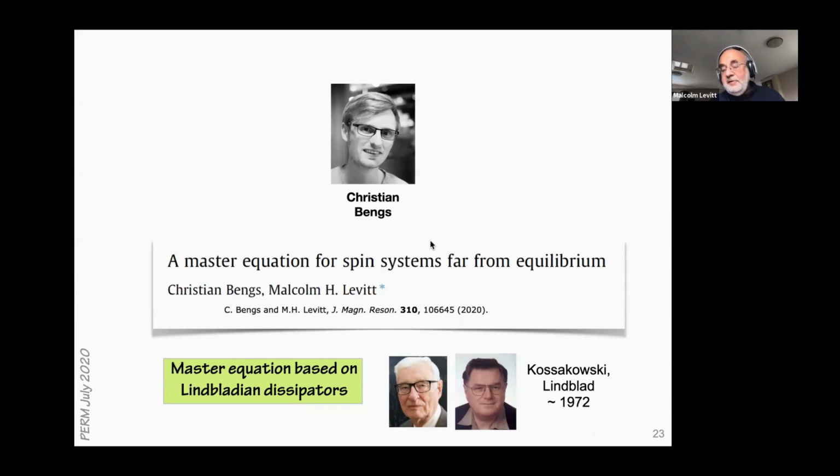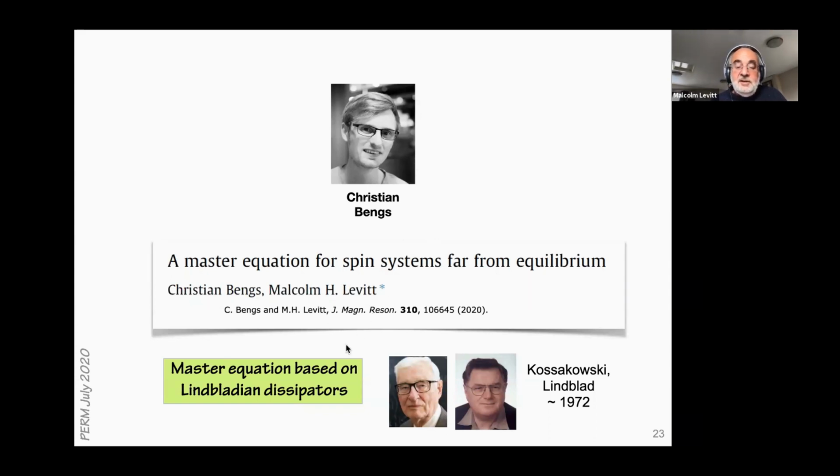Of course, FIP involves spin systems which are very far from equilibrium. So to model the behavior of those systems, sometimes one may need to solve the equation of motion for the spin ensemble. And the ordinary master equation, which is used for that purpose, does not do the job. It actually conflicts with the physical bounds of the spin system.